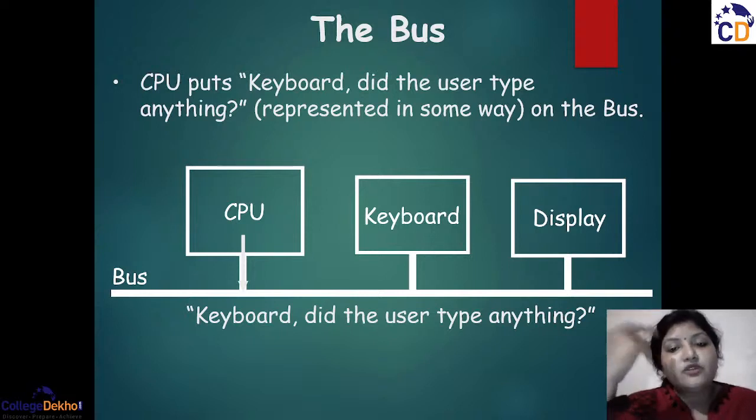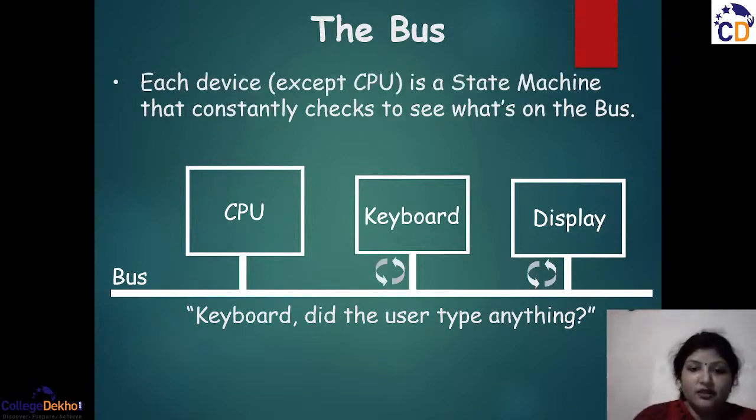How is the user going to give the input? Using input devices. The input device mentioned on my screen is the keyboard. The CPU is going to check whether the user has typed anything with the help of the keyboard.